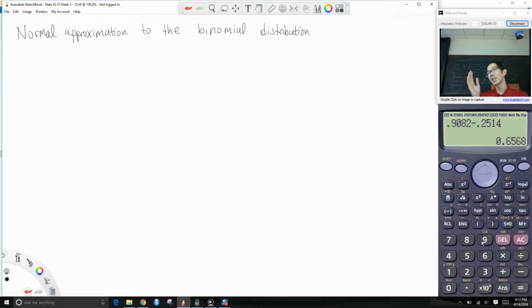And what I'm explaining to you here is almost a little bit moot if you have a computer. But I think it also shows a neat relationship between the normal and binomial distribution. So, let me just write this example down. Okay, so let's say, I will flip a coin 100 times.